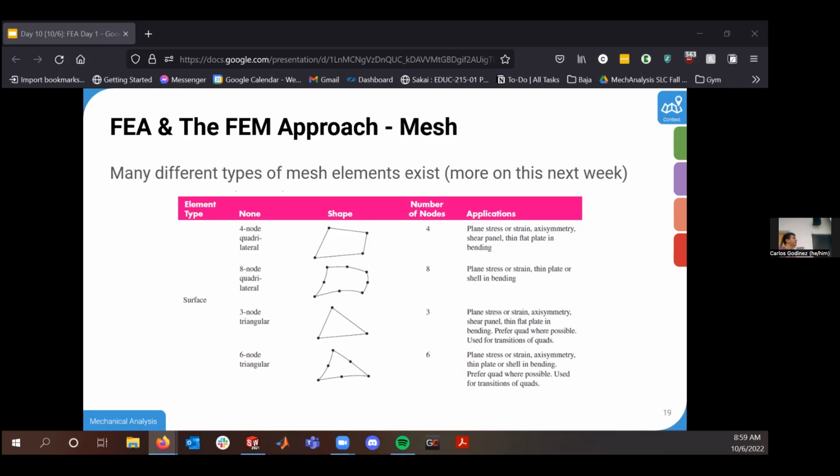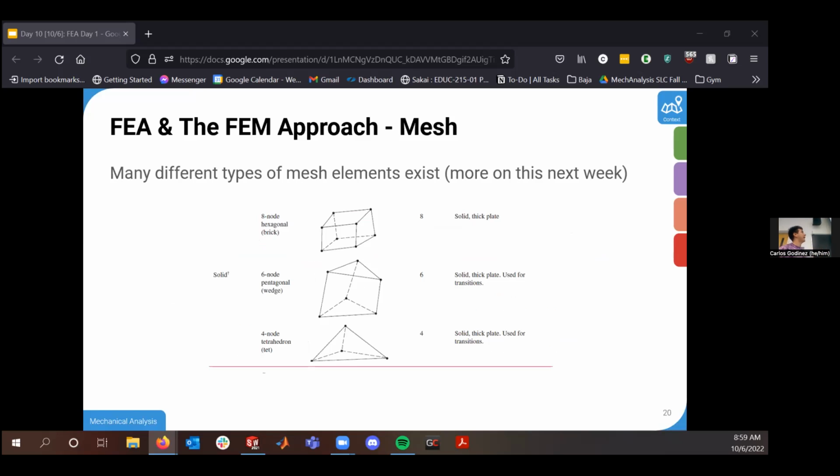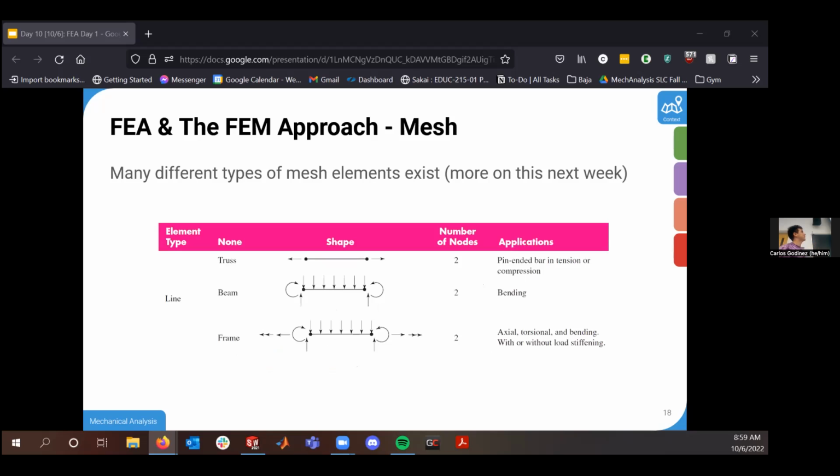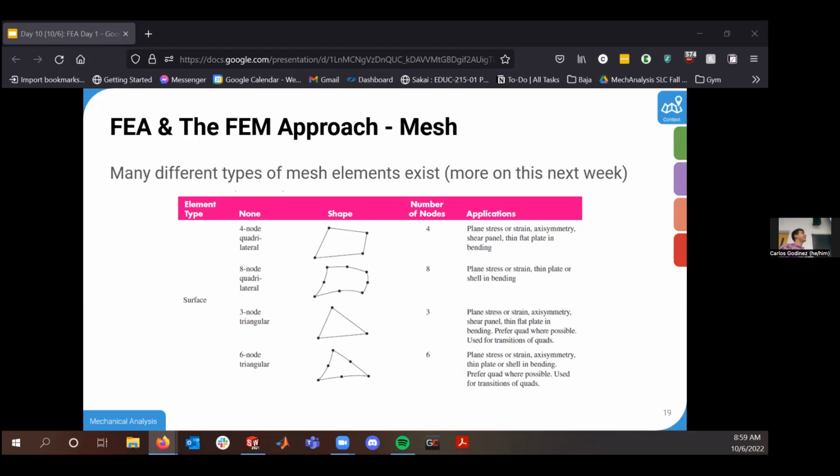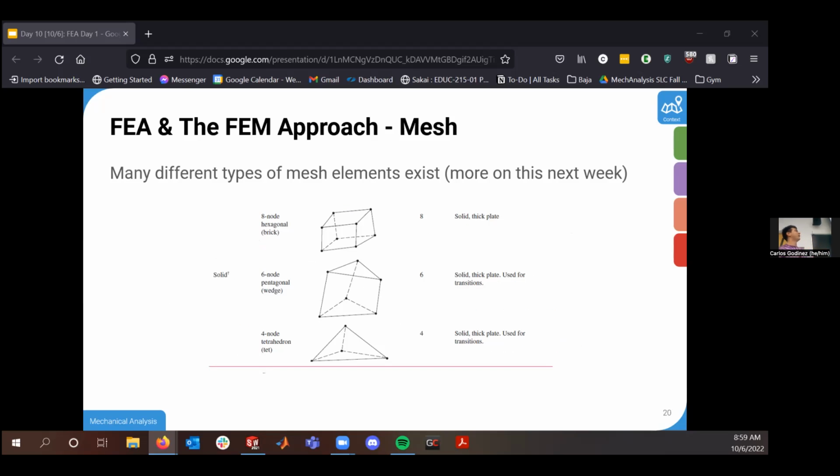The advantage is I don't have to make a 3D mesh and sacrifice way more computational time. We'll talk about this next week: there are concepts of beam and shell elements versus solid elements. Beam and shell elements are analogous to a line element and a surface element, and the advantage is you get comparable results at a fraction of the computational time compared to really tiny solid elements inside your mesh.